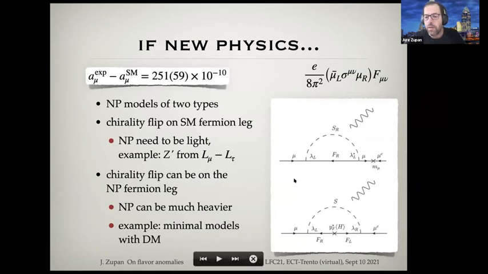The second set of models is if the chirality flipping comes from the internal line, then you no longer need to be suppressed by the muon Yukawa. So this coupling to the Higgs can now be enhanced, depending on how much these new fermions couple to the Higgs, and the new physics can be much heavier.